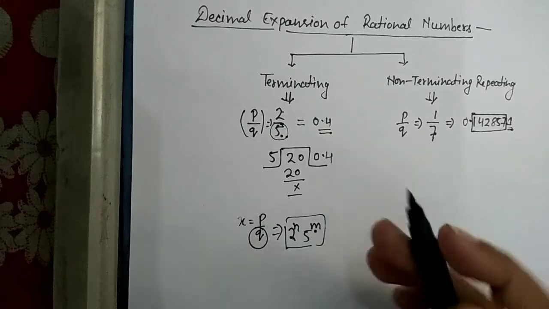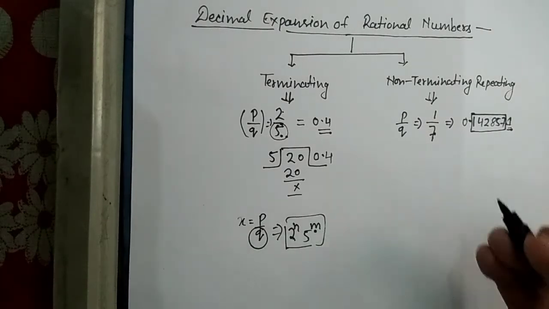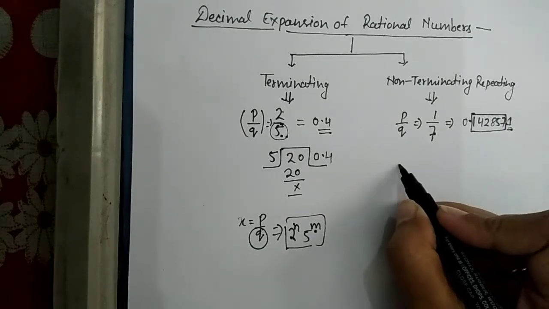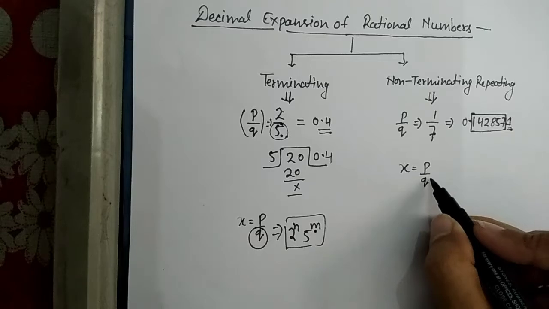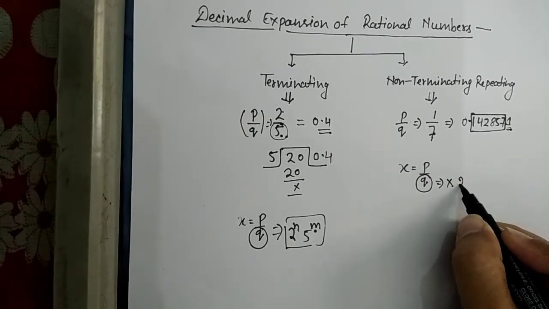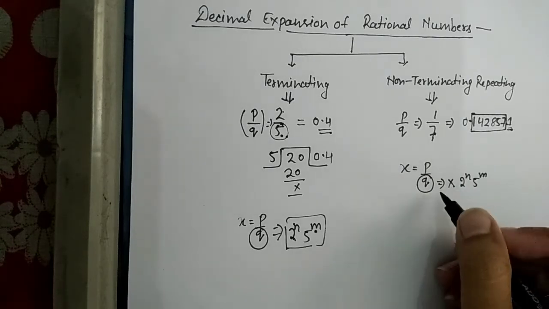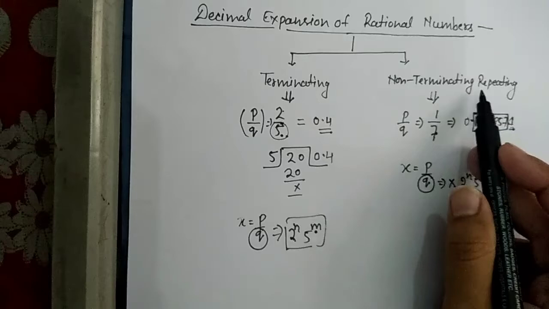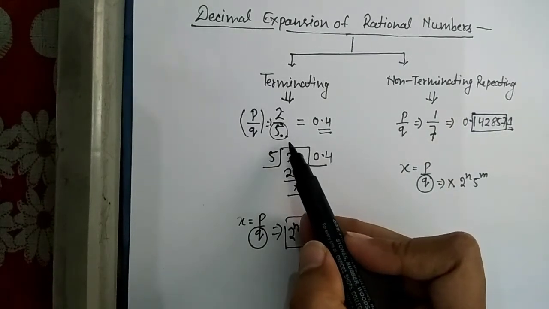Okay, is it clear? And the second thing, about non-terminating repeating: in this, if x is equal to p upon q, here denominator q will not be of the form of 2 to the power n, 5 to the power m. This type of expansion will be non-terminating repeating. As you can see in these examples also.